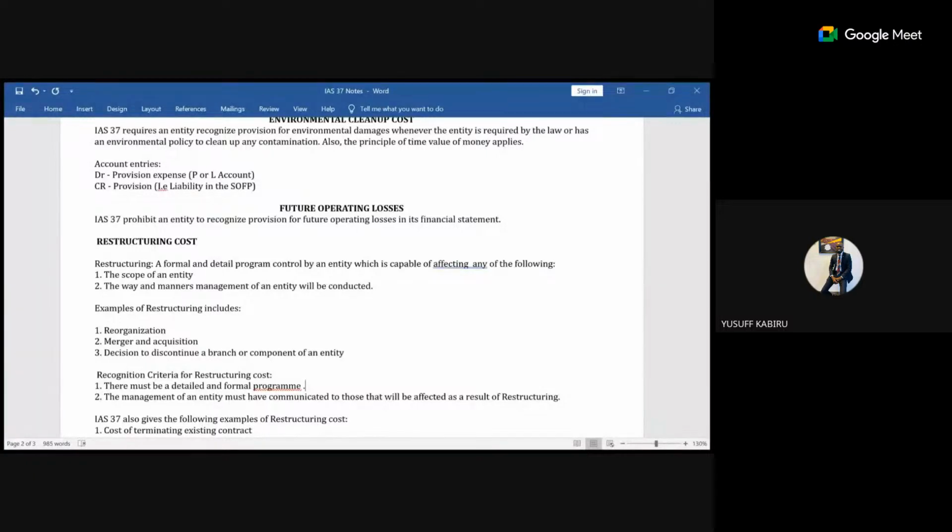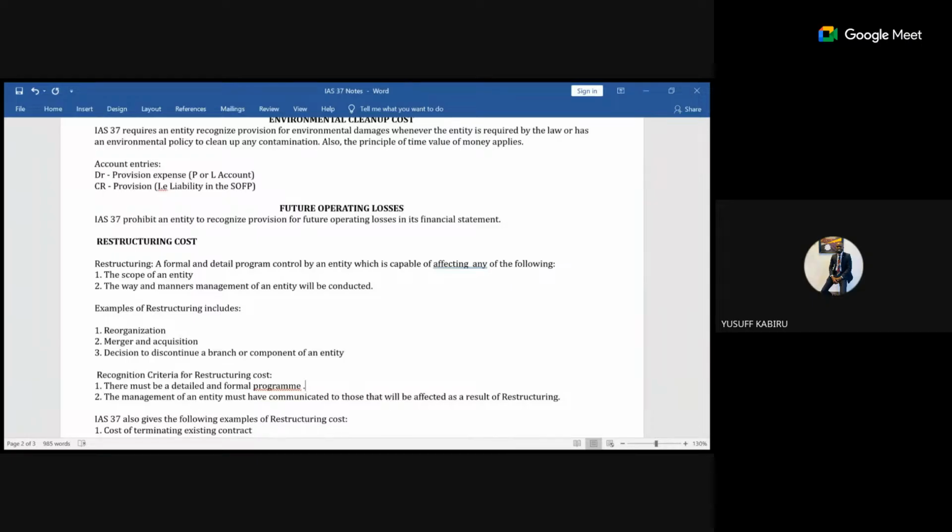But when you are sure that there is a restructuring next month or next quarter, then recognize provision. Then number 2 is that the management of the entity must have communicated to the affected parties. As the management, they must have communicated.